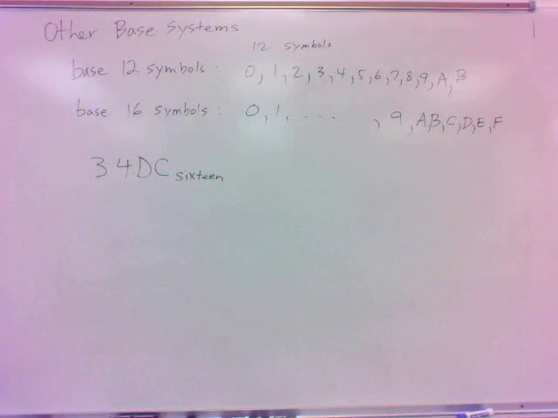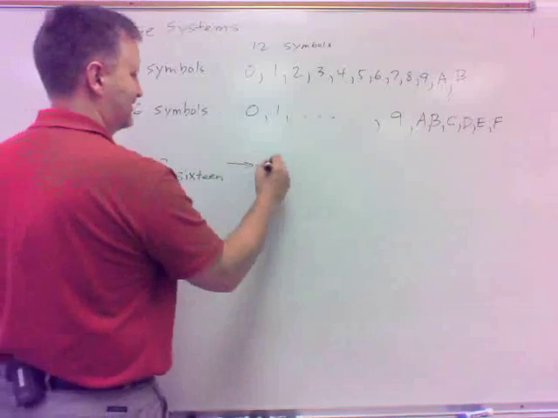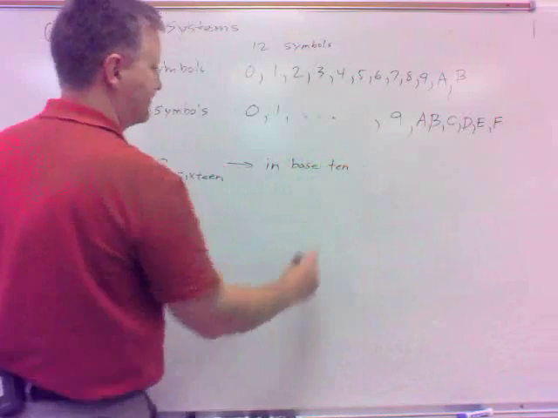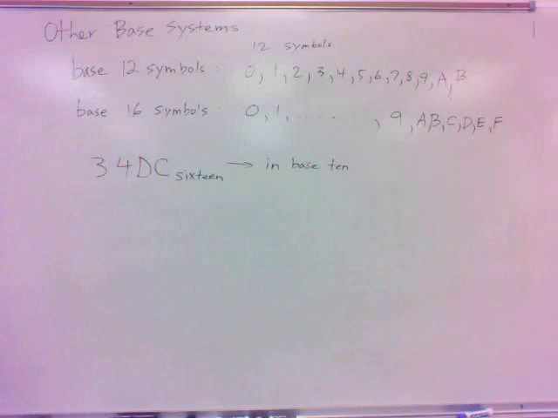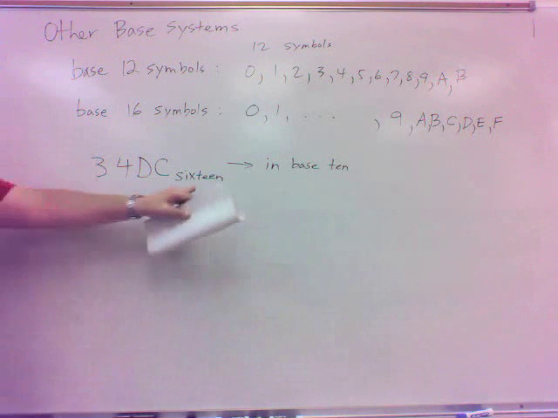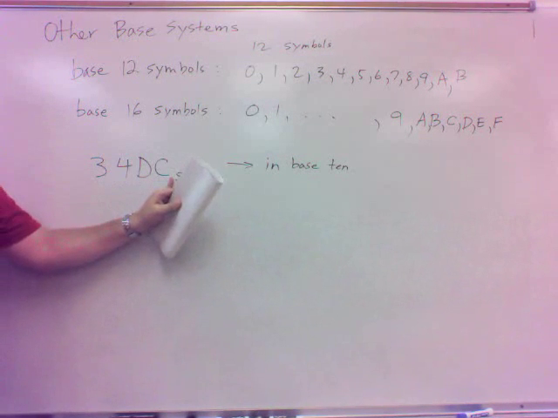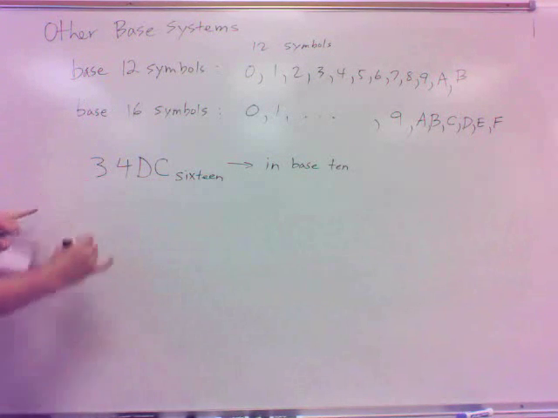Looks a little funny, but that is a number in base 16 anyway. What is that in base 10? Well, same deal. I'd want to expand that out. Since I'm in base 16, each one of these is by power of 16. We know that much.